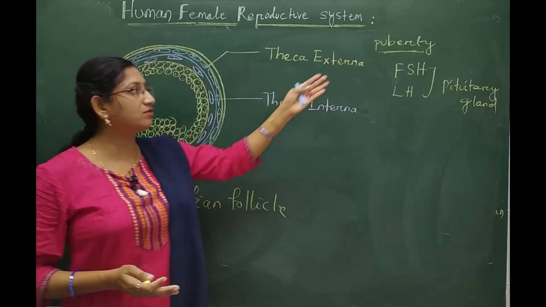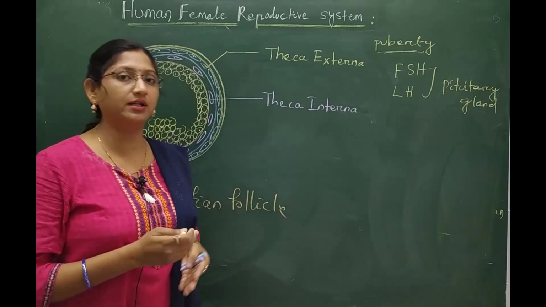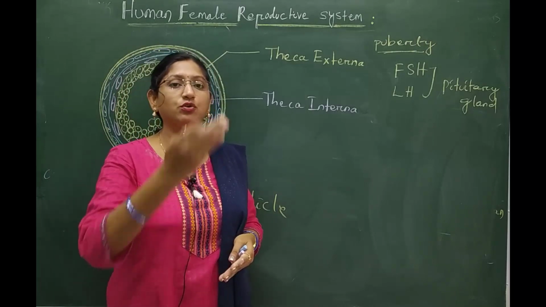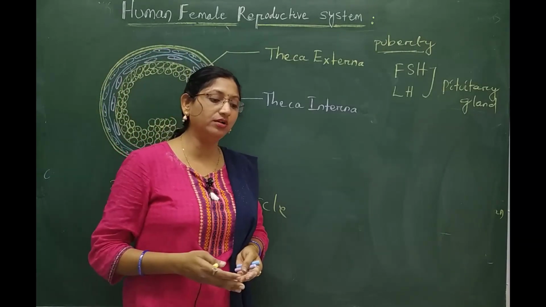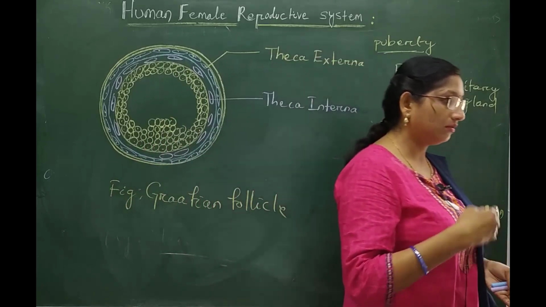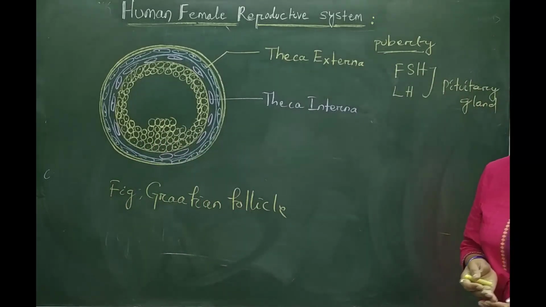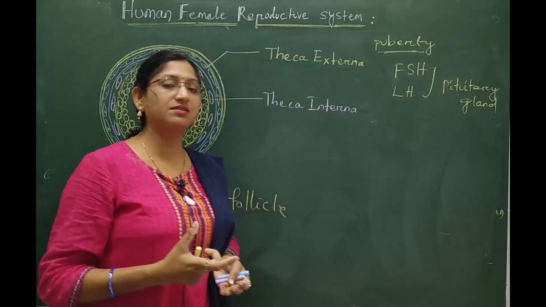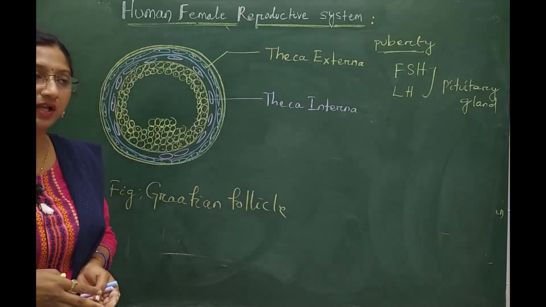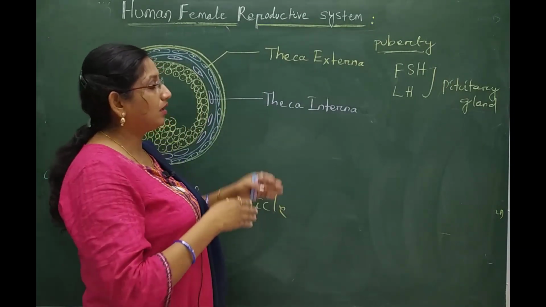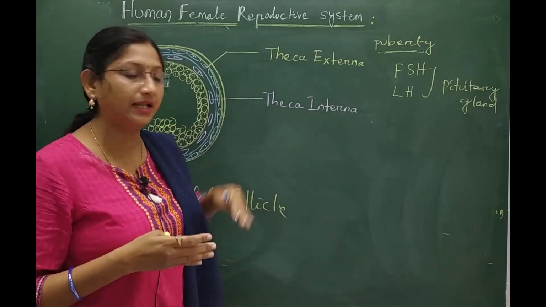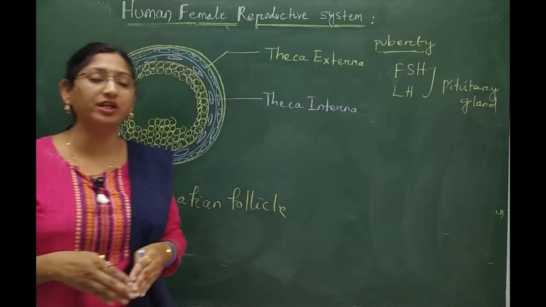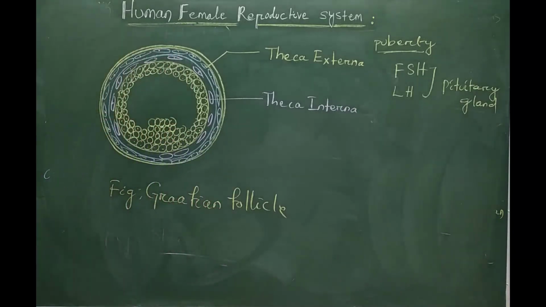Later on, each and every month, cyclic changes occur inside the female body, which is called the periodic cycle or the menstrual cycle. Under the influence of these two hormones, FSH and LH, the total reproductive life cycle of the female body takes place.